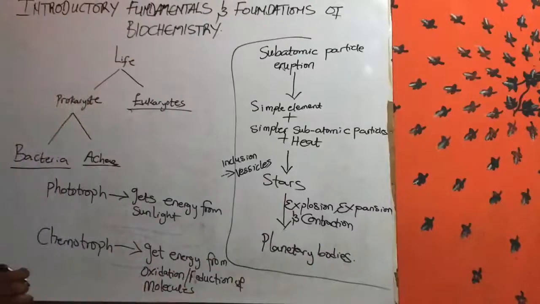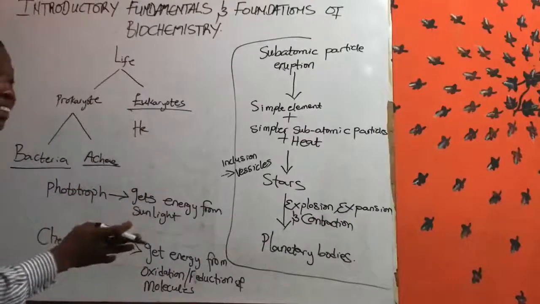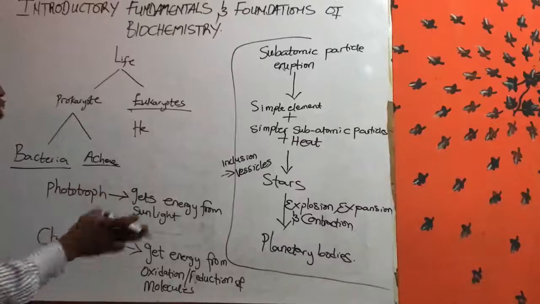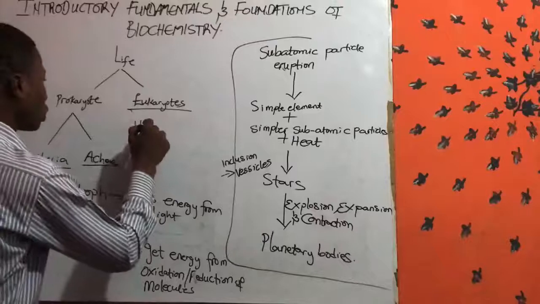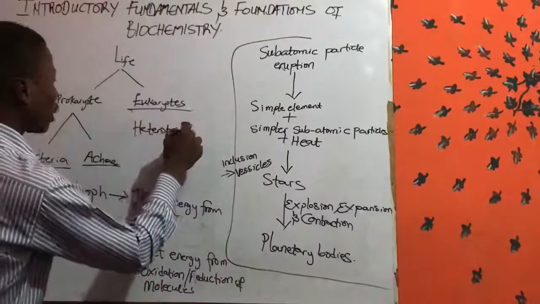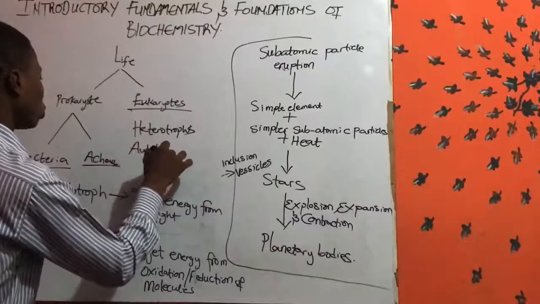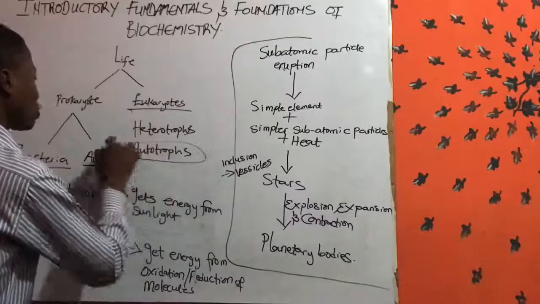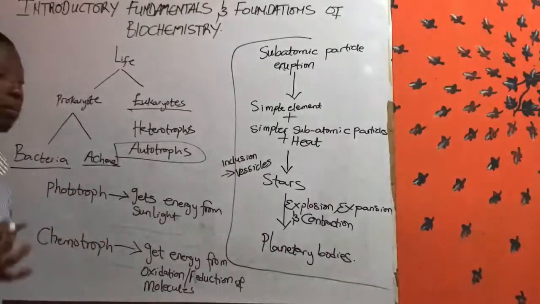Now, from here we have autotrophs and heterotrophs. We have to explain all this because they are fundamental to the knowledge of biochemistry, looking at it from the vantage point of biology. Autotrophs are organisms that can create their own fuel from simple elements of earth.